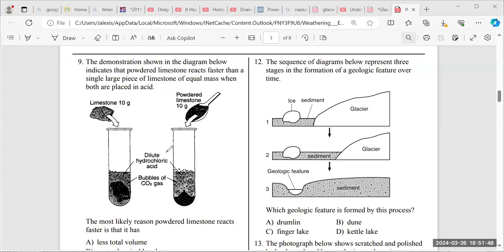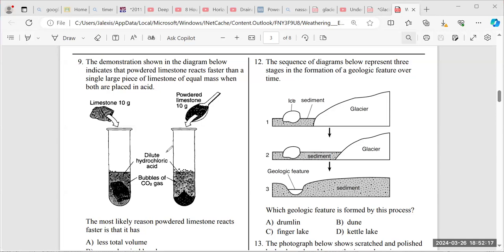So number 12 says the sequence of diagrams below represent three stages in the formation of a geologic feature over time. So we have ice that's been partially buried in cement. Then as time passes on, the glacier will begin to melt.